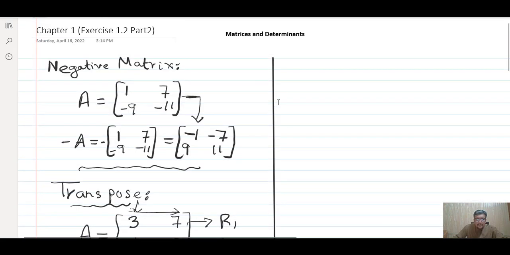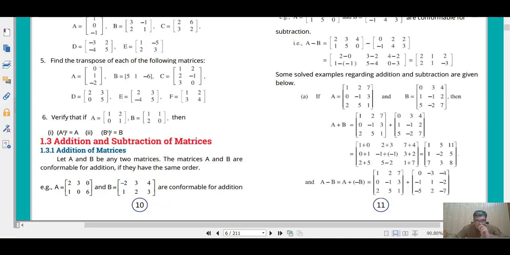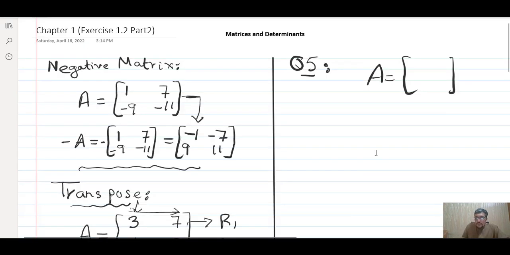Question number 5. A matrix, and in A matrix the entries are 0, 1, minus 2. We have to find the A transpose.